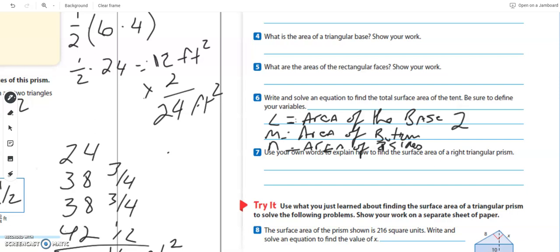So it would be 2 times L plus 2 times M plus N equals the surface area.